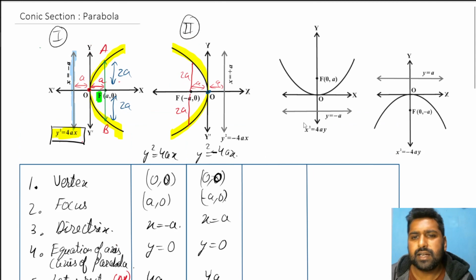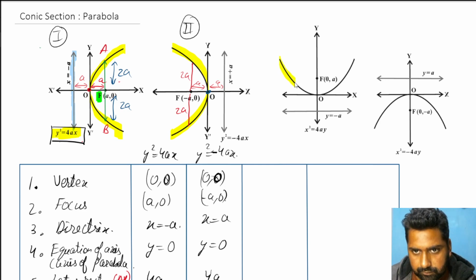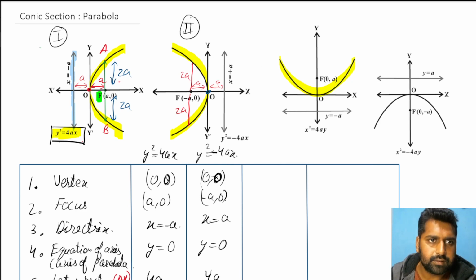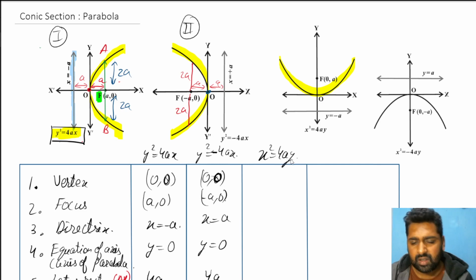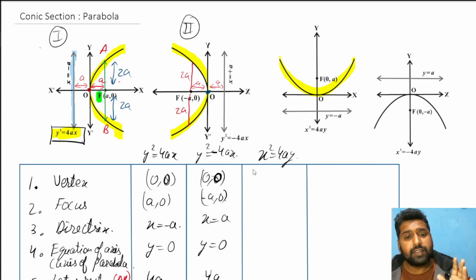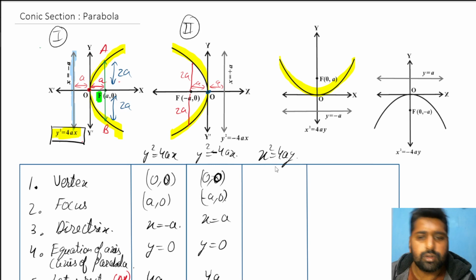Now once you understand the first two, the remaining are pretty easy to understand. Now, this time the parabola is on the y-axis, you can see it's drawn symmetrical about y-axis, left side of the y-axis and right side of the y-axis. So that kind of equation becomes x square equal to 4ay. Again, learn it. Either it will be y square equal to 4ax or x square equal to 4ay.